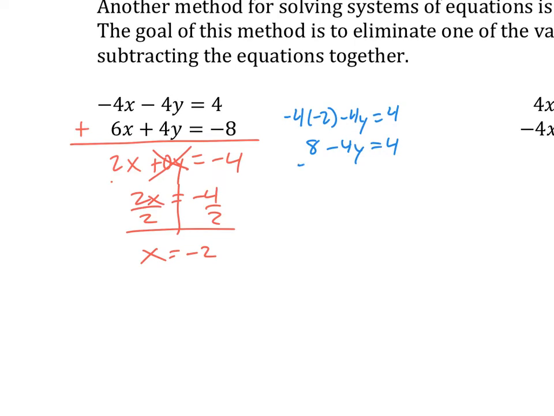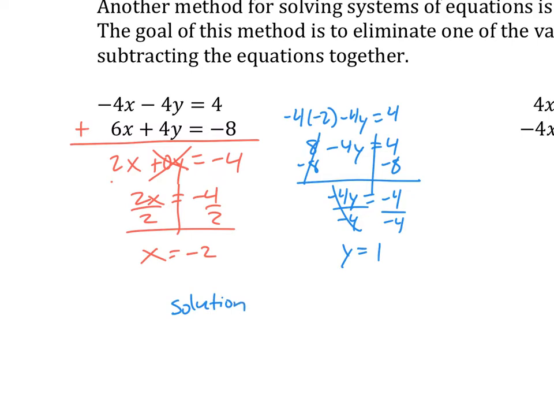So 8 minus 4y is equal to 4. And then we want to subtract 8 from both sides. Those will cancel out. We get negative 4y is equal to negative 4. And our final step to solve for y is to divide by negative 4 on both sides. Okay, so we get y is equal to negative 4 divided by negative 4, which is a positive 1. So our solution to this system of equations is going to be the point negative 2, 1.